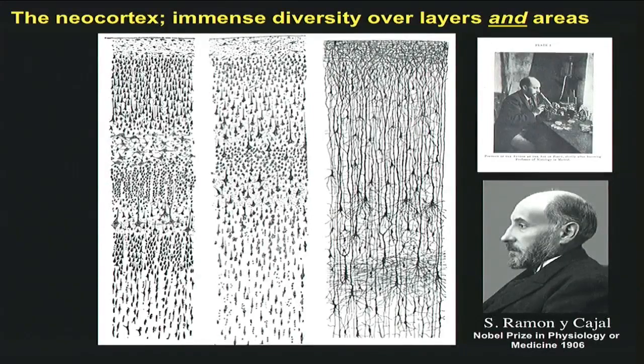He couldn't ascribe functions to individual neurons, but it's the well-known famous diversity across layers, 6, 5, 4, 3, 2, 1, built inside out. But what most people forget usually is that he also pointed out immense diversity area to area. And there are 35 or 52 or 80 different areas in this welcome mat-sized cerebral cortex.